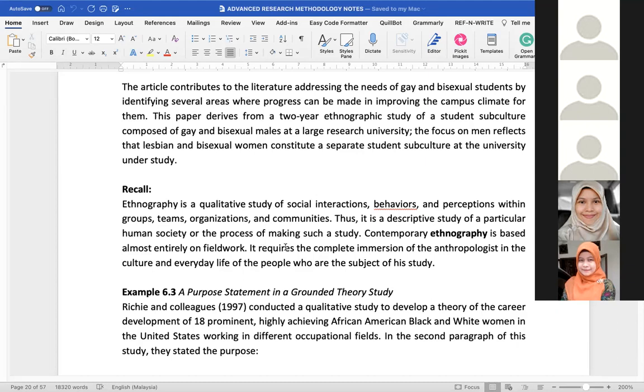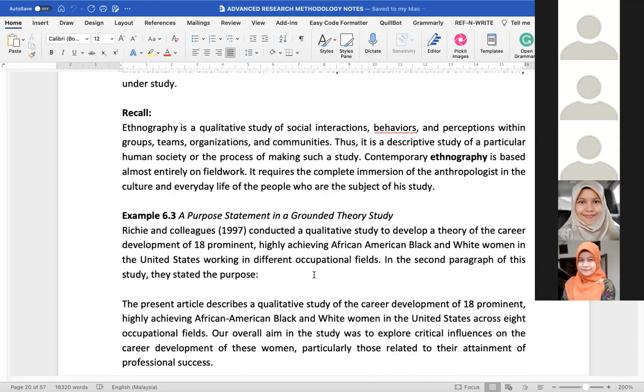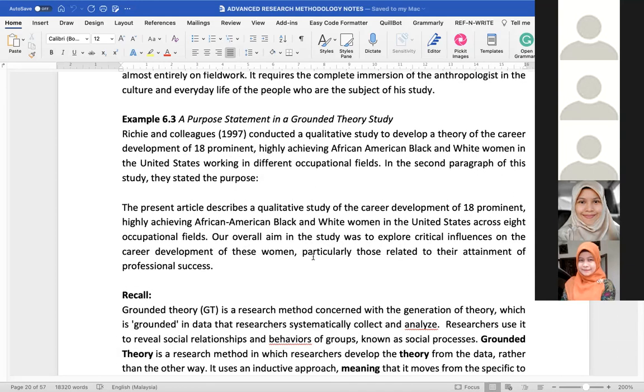So ethnography requires the complete immersion of the anthropologist in the culture and everyday life of the people that they study. Another example, a purpose statement in a grounded theory study.